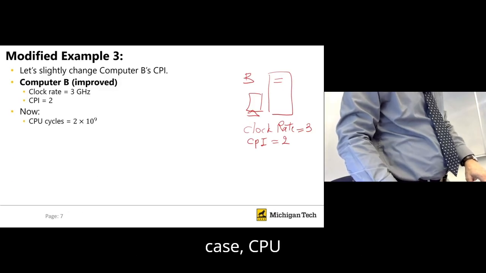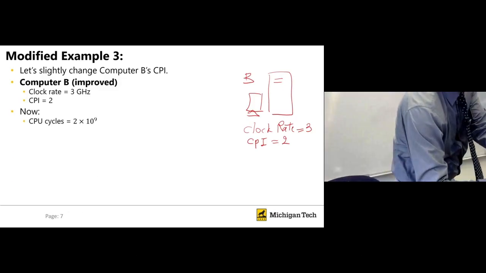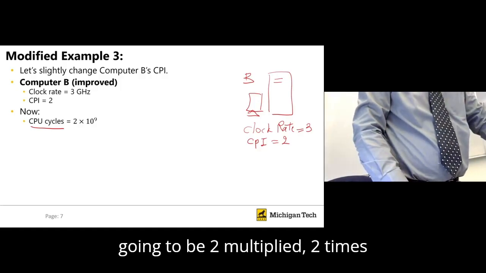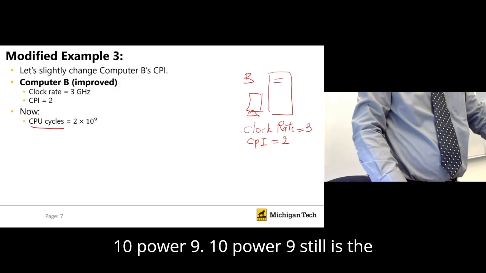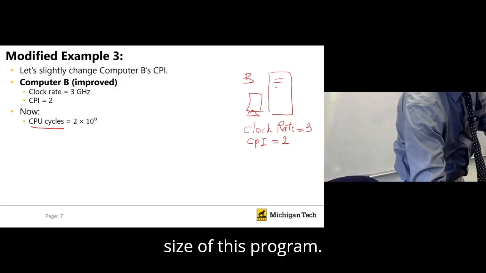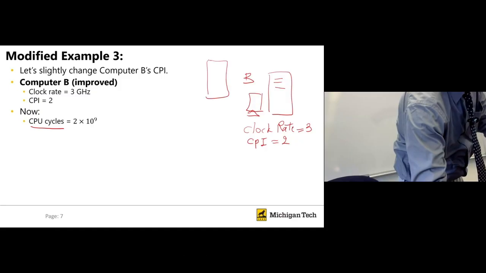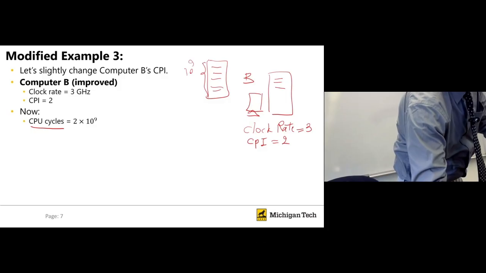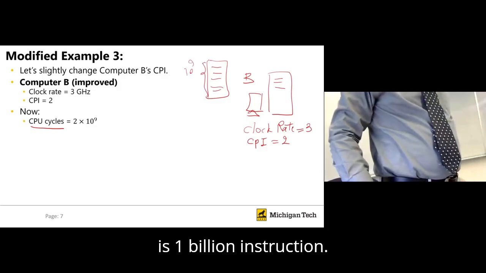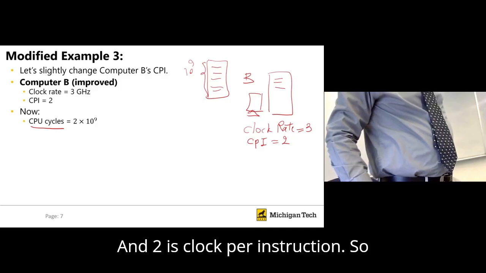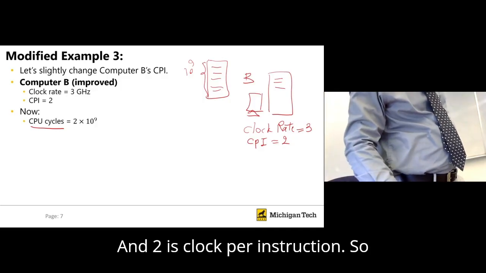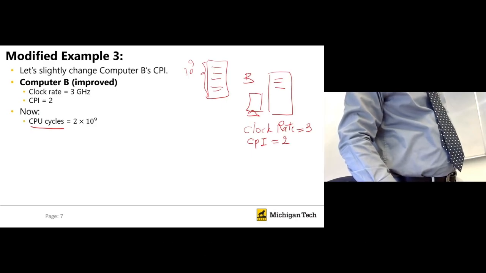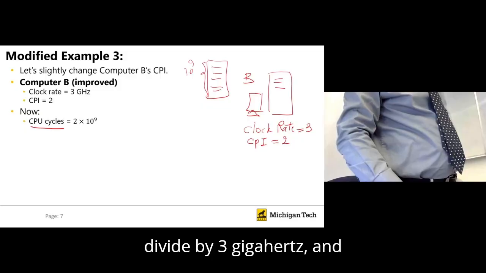In this case, CPU cycles are going to be 2 times 10 power 9. 10 power 9 is still the size of this program, the benchmark we mentioned, 1 billion instructions. And 2 is clock per instruction. So we just need to divide by 3 gigahertz.